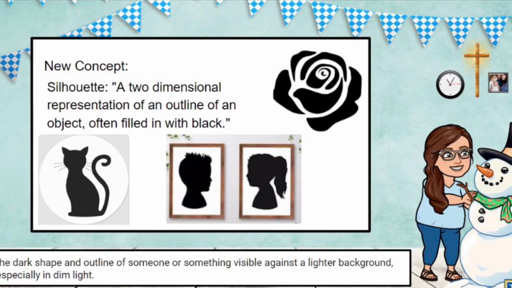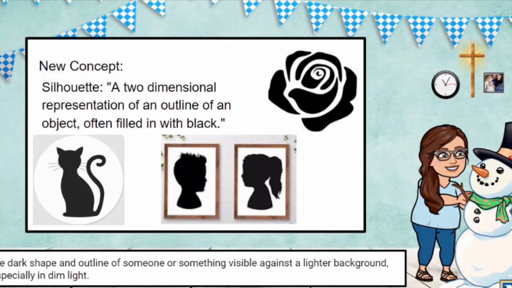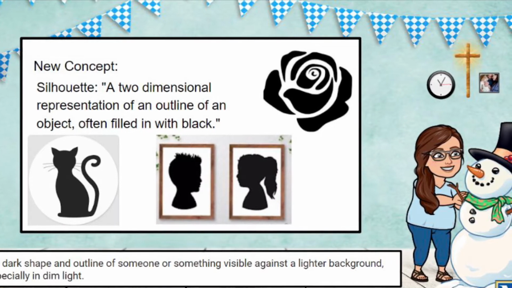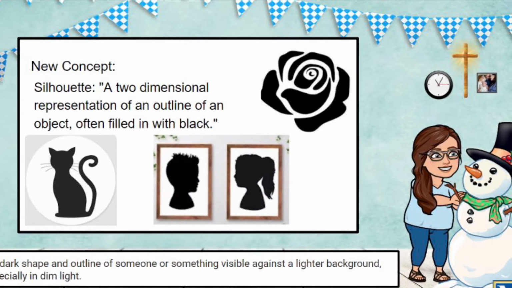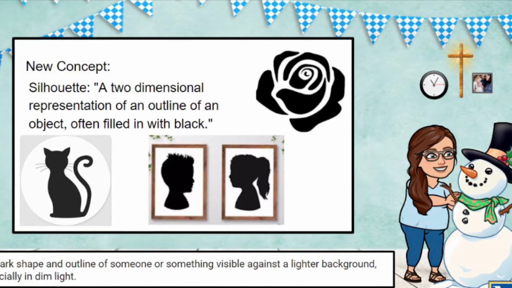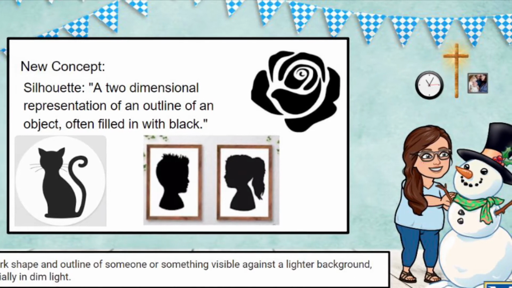Then we have two heads in the middle, one with short hair and one with long hair. And then to the upper right, there is a rose. This one isn't technically a full silhouette because you can see the details on the inside, but it still gives the idea of silhouette. So it's a representation of an object that's often filled in with black.